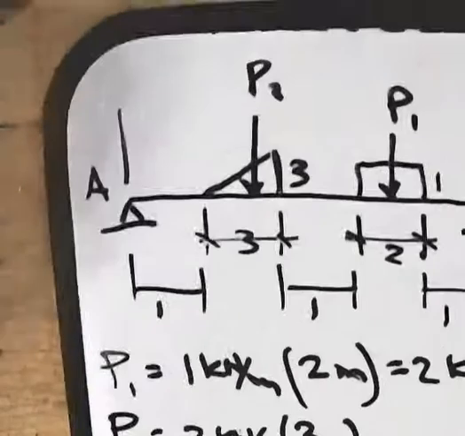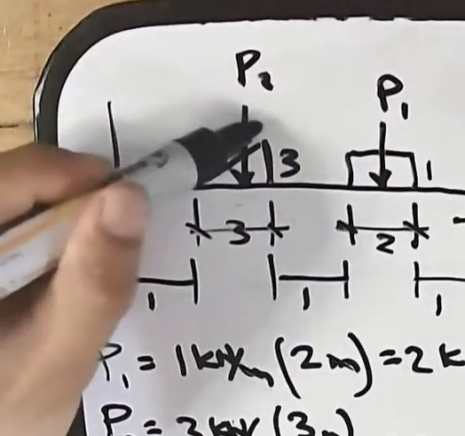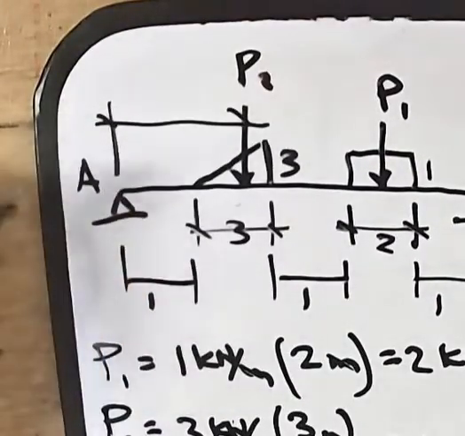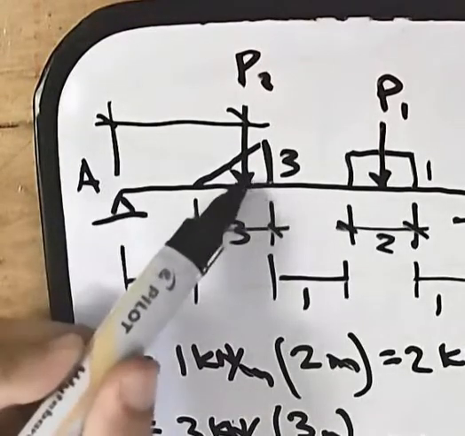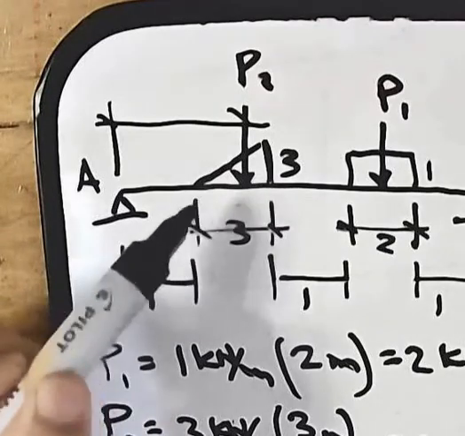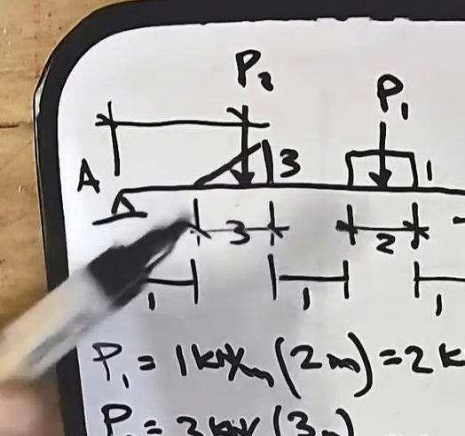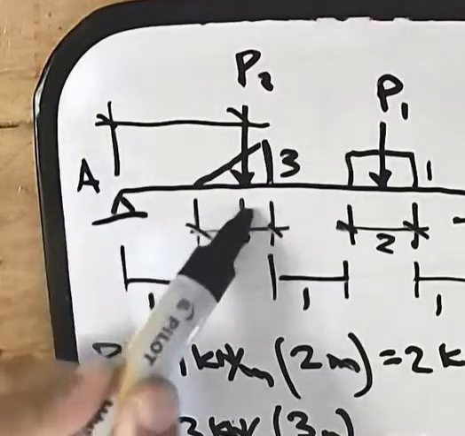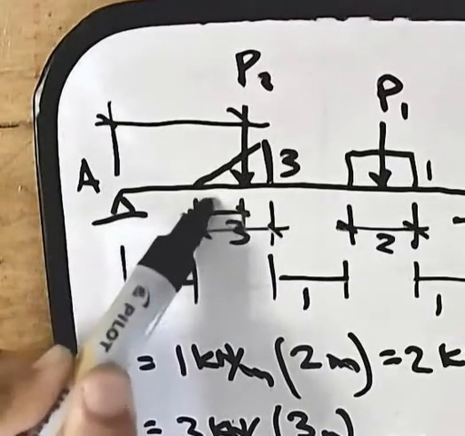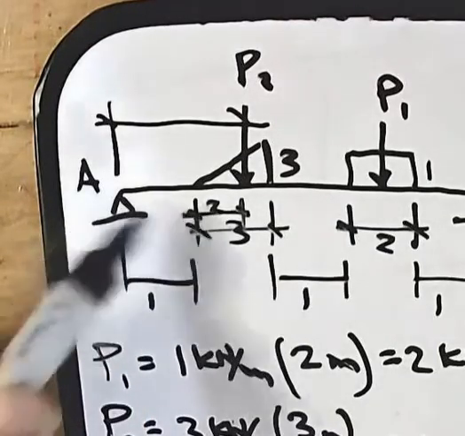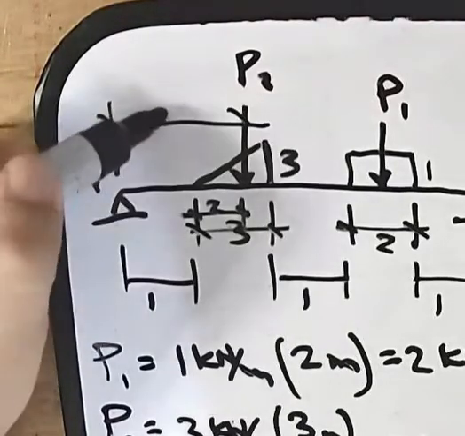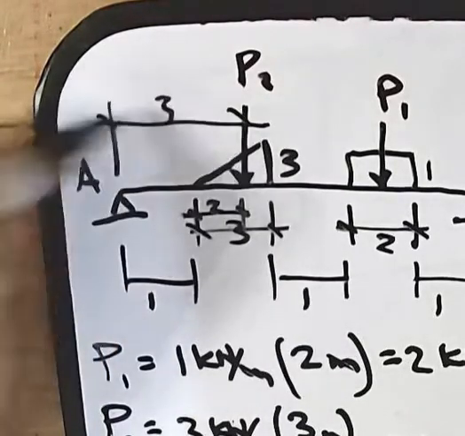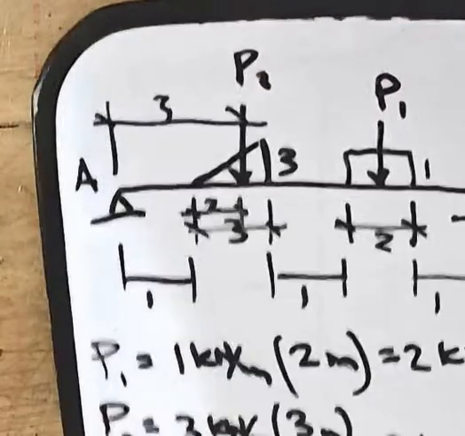From point A, the distance of P2 will be 1 plus 2. Take note that the centroid of a triangle is at 2/3 and 1/3. So this is 2 meters. From point A, the application of P2 is 3 meters, since 2 plus 1 will give you 3.